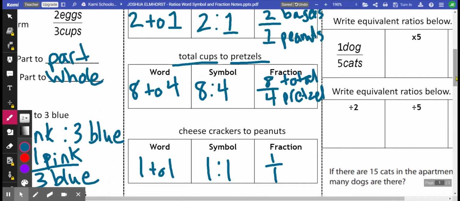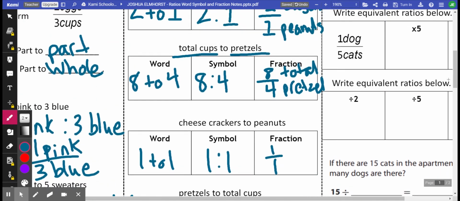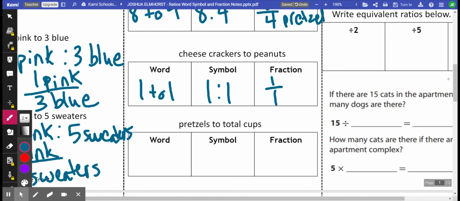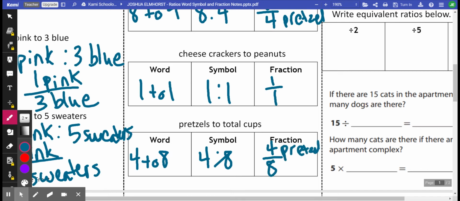So we did total cups to pretzels, and pretzels to total cups would just be the other way around. So we have 4 to 8, 4 colon 8, and then 4 over 8, and that was pretzels to total.